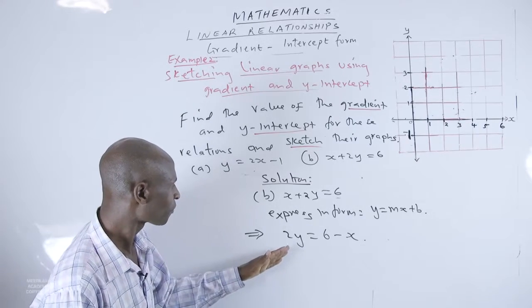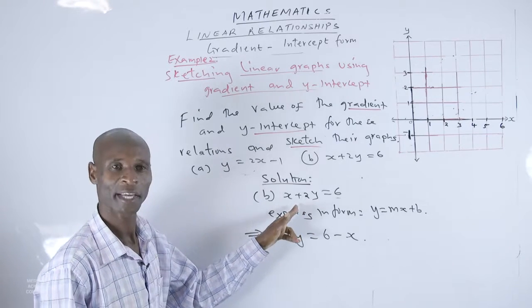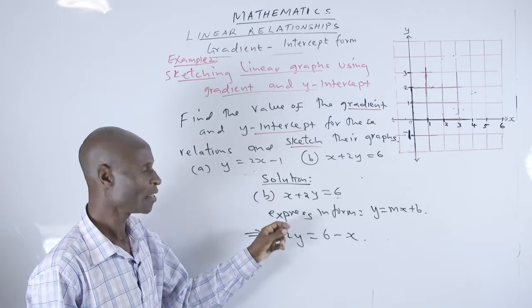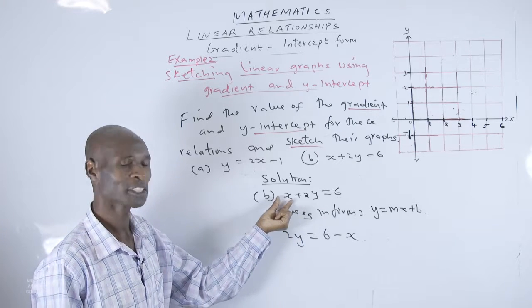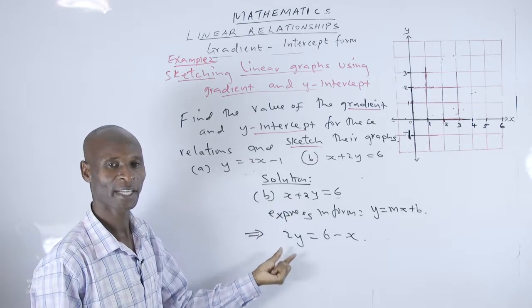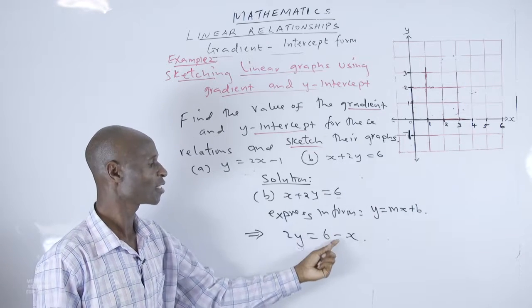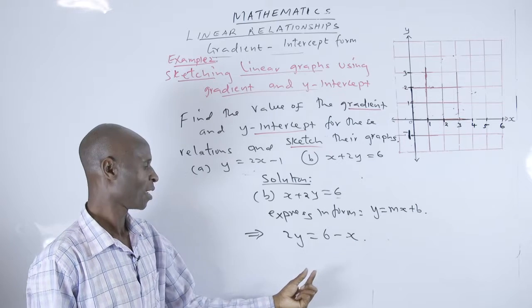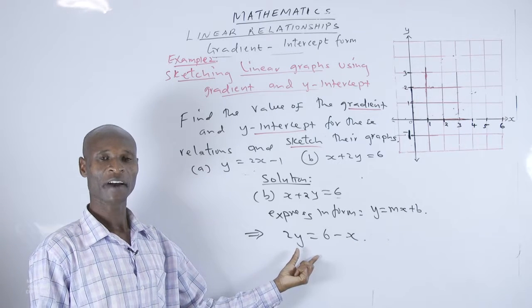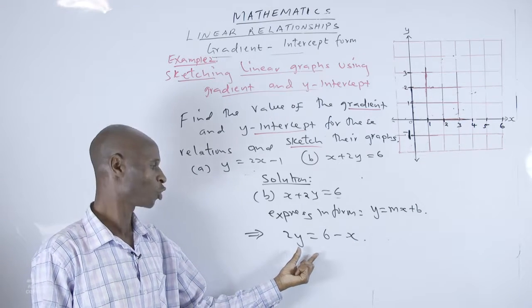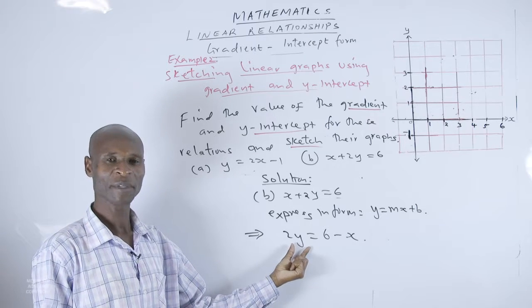So what we do, we subtract x from both sides. On the left-hand side, x cancels out. We remain with 2y is equal to 6 minus x. At this point, we divide both sides by 2 to make y the subject.